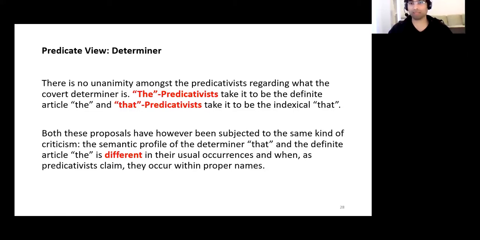The criticism is that the semantic profile of the determiner that and the definite article the is different in their usual occurrences and when, as the predicativists claim, they occur within proper names. So the criticism is basically that predicativism is also committed to some sort of ambiguity of the determiner that they think constitutes a proper name.